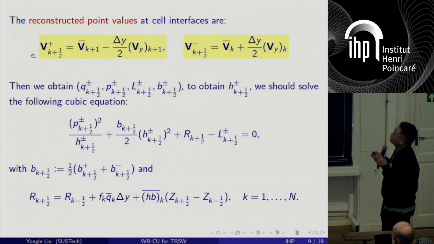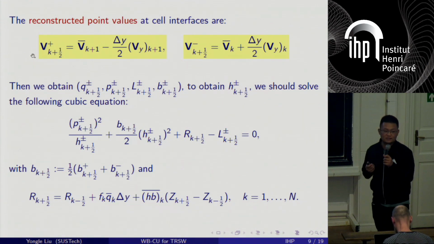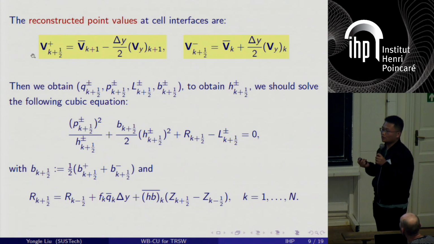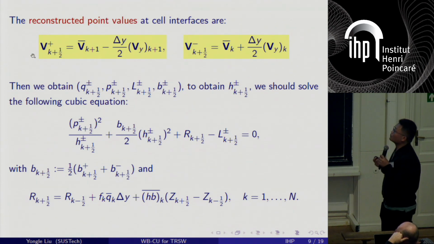If we have V plus and V minus, it means that we have Q, P, L, B plus and minus at the cell interface. But to compute the numerical flux, we should also have the point values H at the cell interface. So now how to compute H? Arising from the definition of the global variable L, we have the following cubic equations.